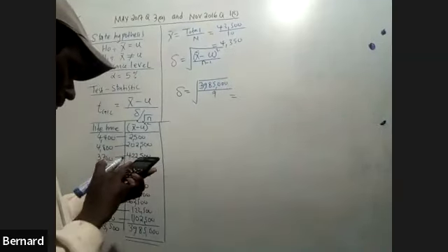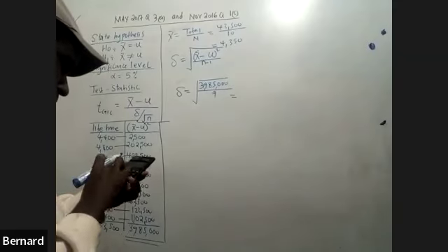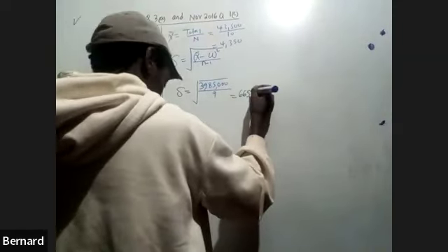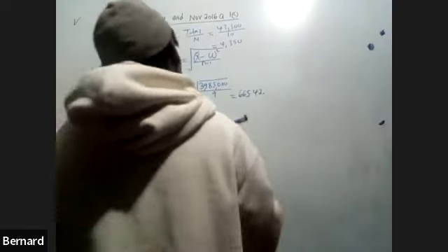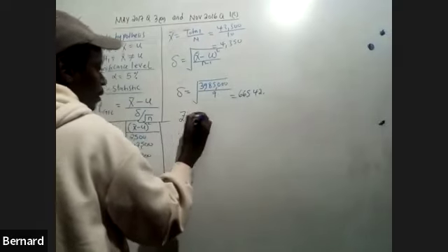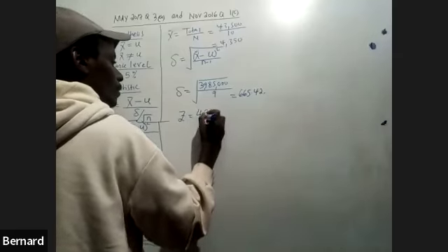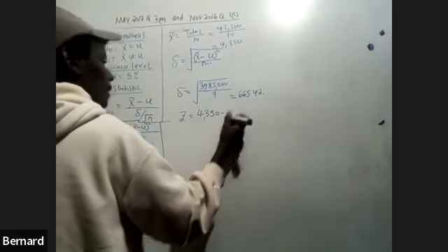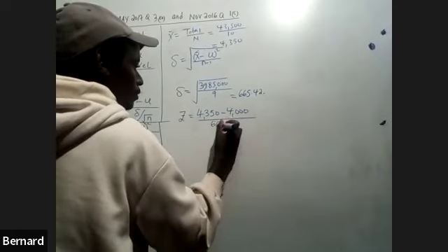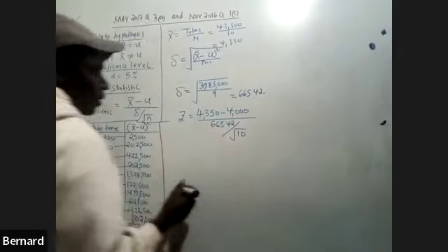So 39,85,000 divided by 9, then square root, which is 665.42. So let's do our Z, which is 4350 minus 4,000 over 642 square root of 10.